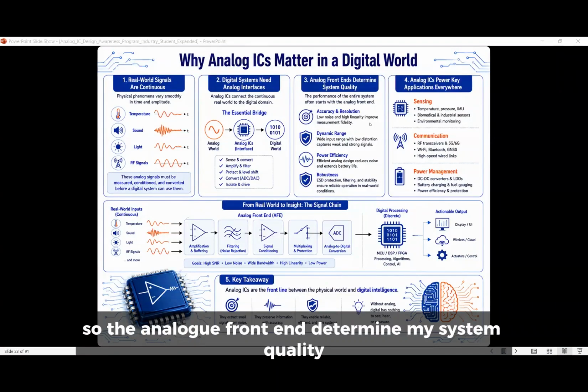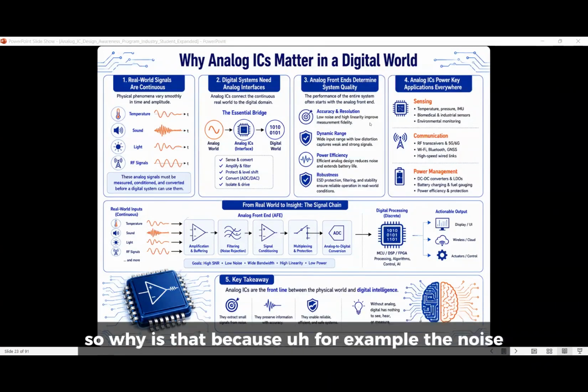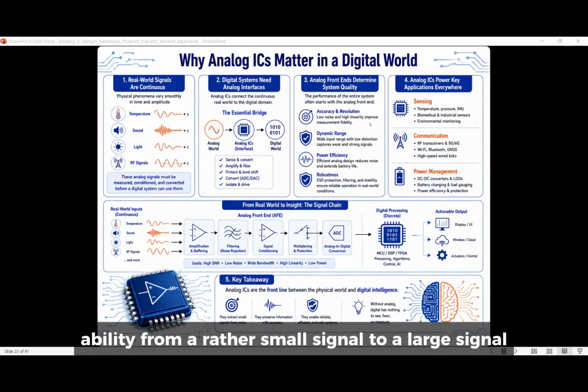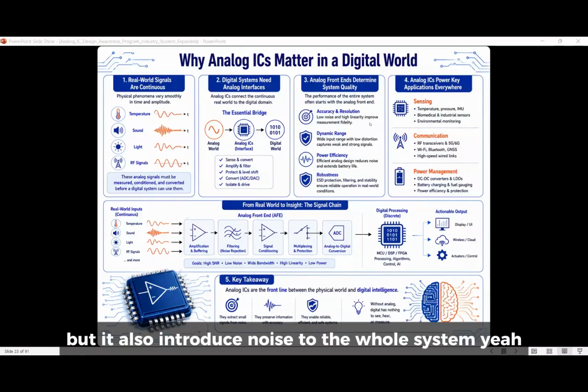The analog front end determines system quality. Why is that? Because of the noise generated by the analog circuit. Although the analog circuit can amplify the signal, boosting its amplitude from a rather small signal to a large signal, it also introduces noise to the whole system.